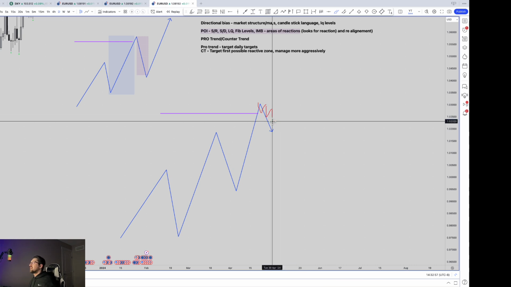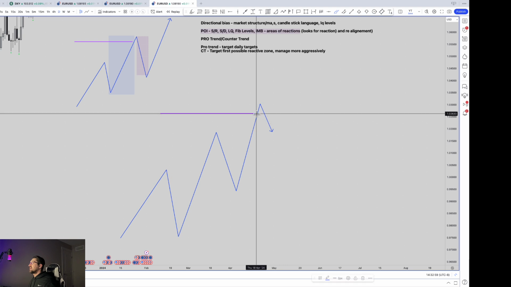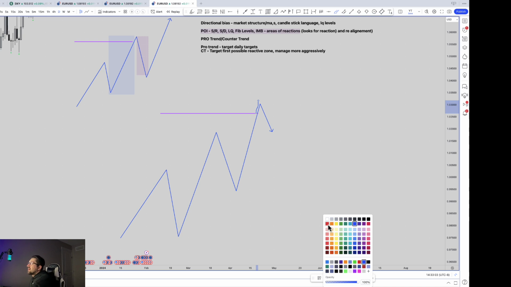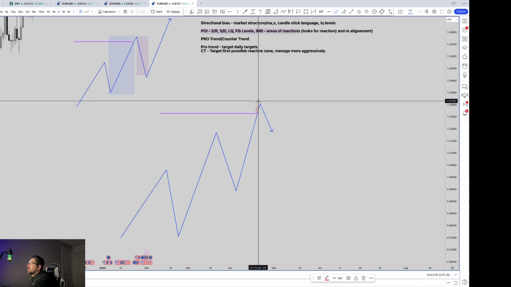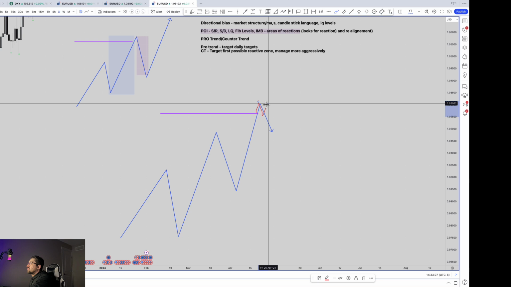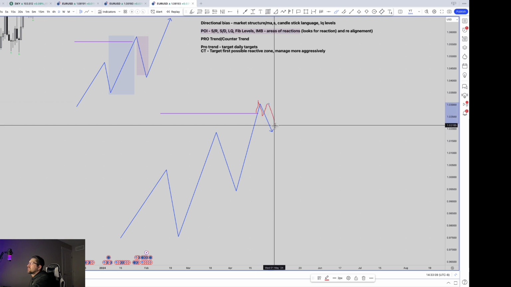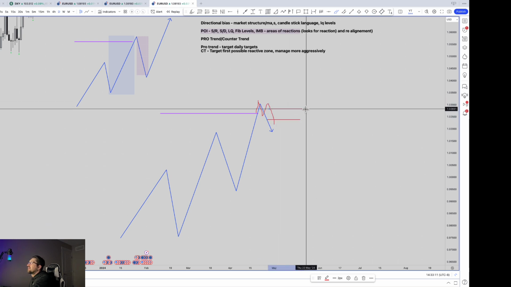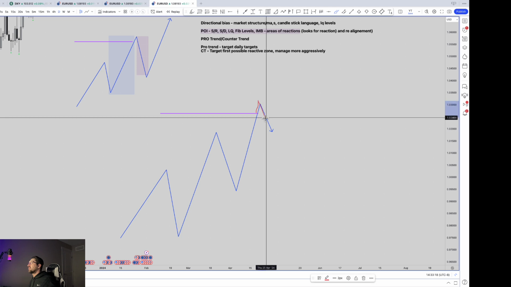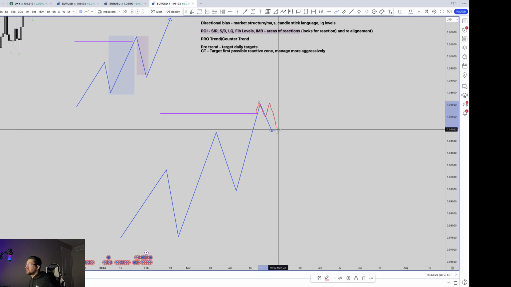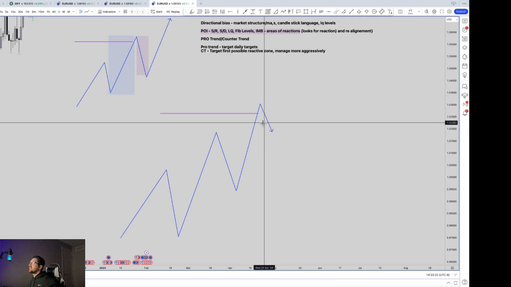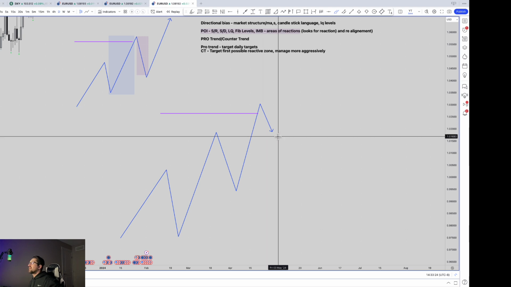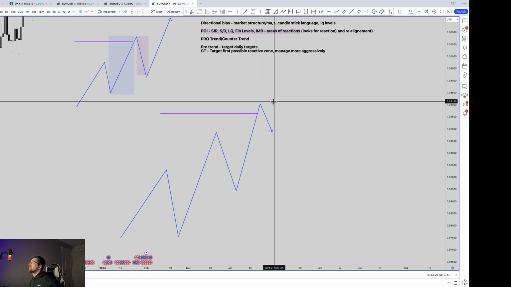Or maybe I need a break of structure, pullback, and the second break of structure needs to have imbalance. Or you need an engulfing candle, pullback, engulfing candle. Whatever your rules may be, there needs to be a way of realigning your direction.